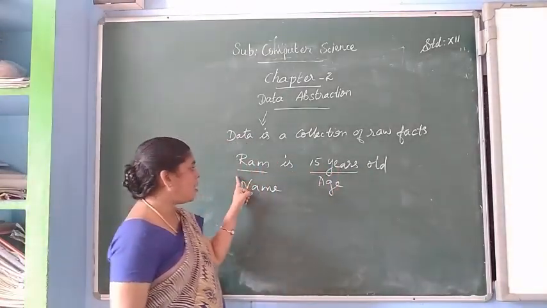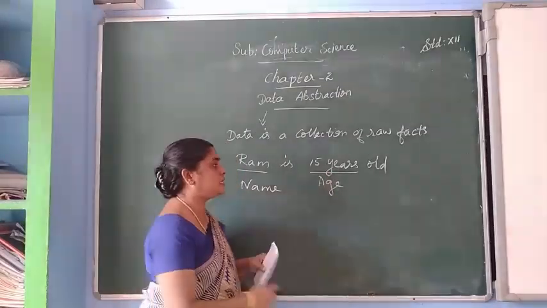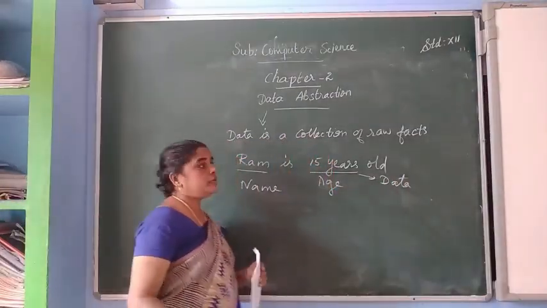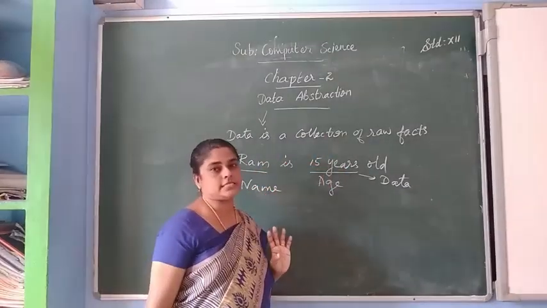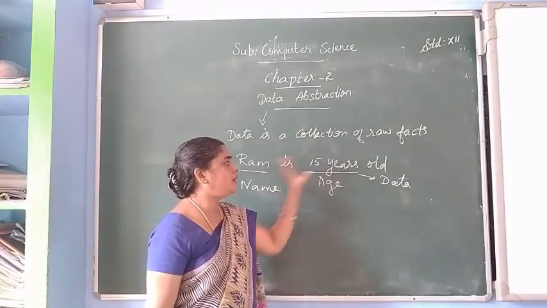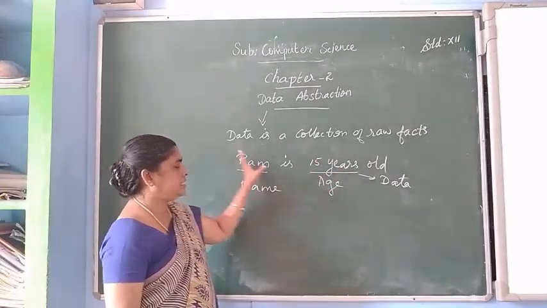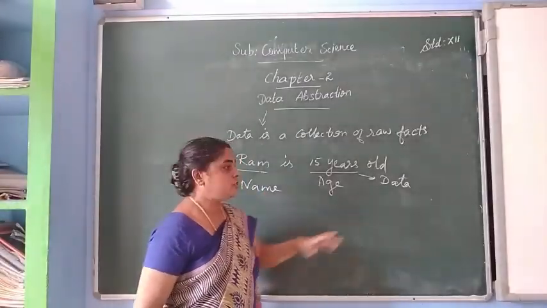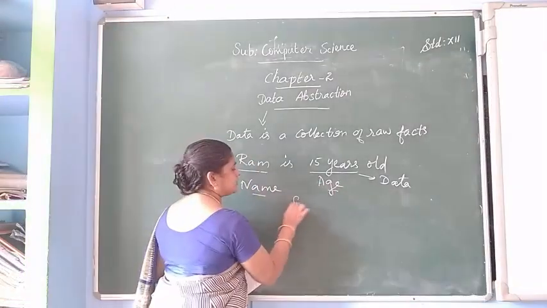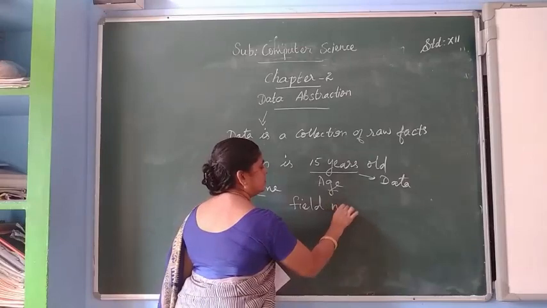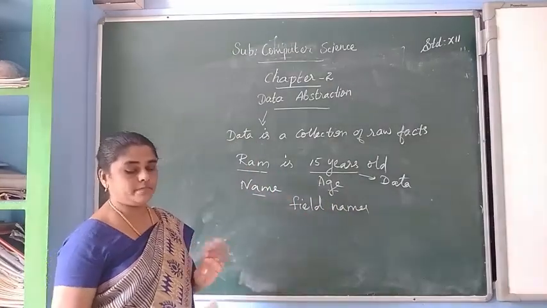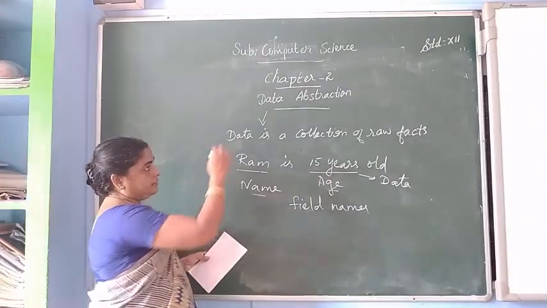So Ram and 15 years in this line are known as data. These two, name and age, are the field names. Okay, this is about data.